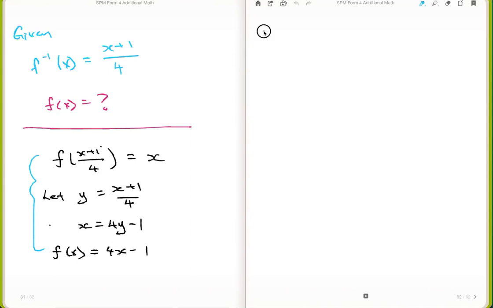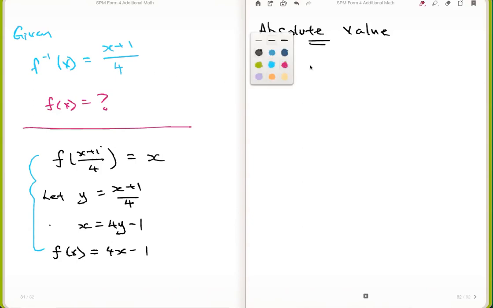The absolute value. Now, absolute value function is a function that takes on the positive value only. Okay? Give you an example.